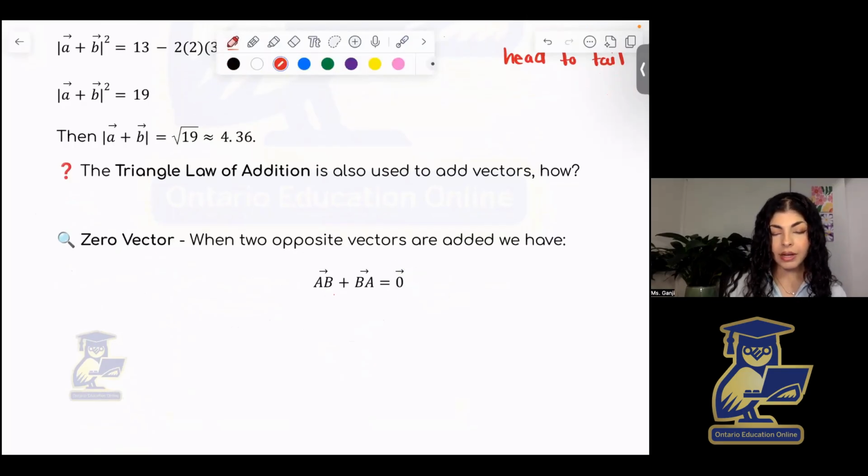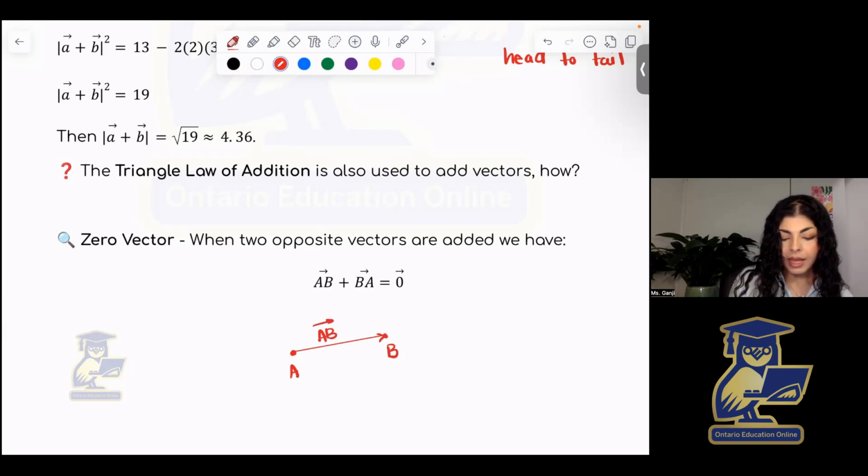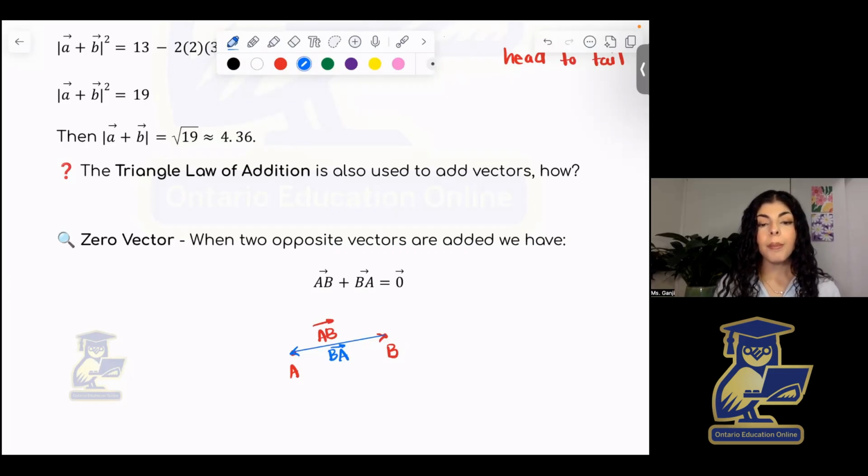So here it doesn't matter what A, B is, but any random A and B that you choose, and the vector in between them, so this one is AB, then the opposite vector is just going to be starting from B, now going towards A. And this is BA. What's important about them is they have the same magnitude, but their directions are opposite.